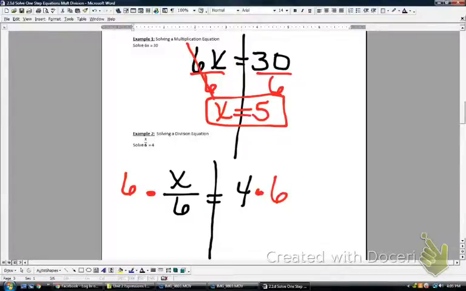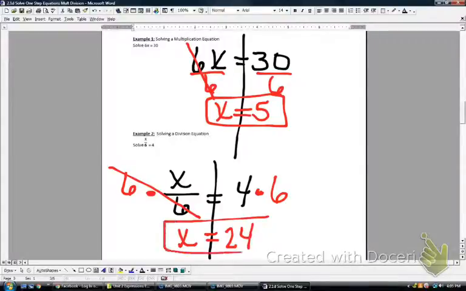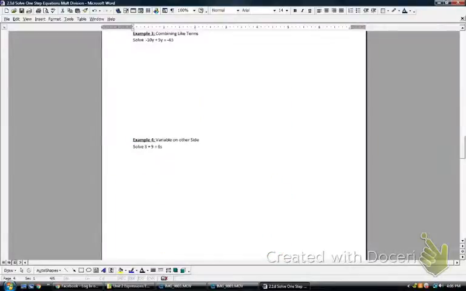If I multiply my brothers by 6, I have to multiply my sisters by 6. That goes to 1x, or just x. 4 times 6 is 24. So x equals 24. Then when I look in my original equation, 24 divided by 6 is 4. That's true. So I'm ready to move on.